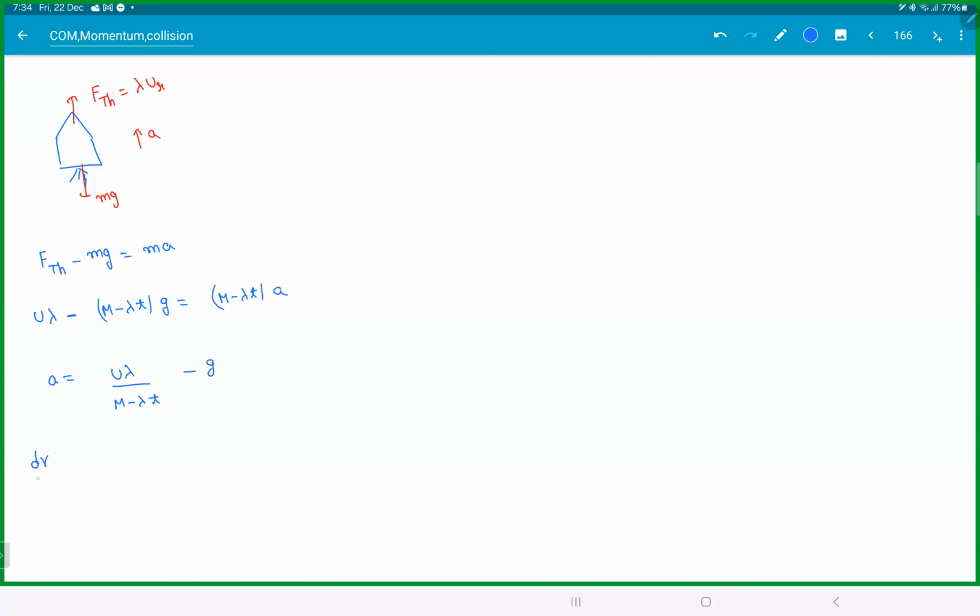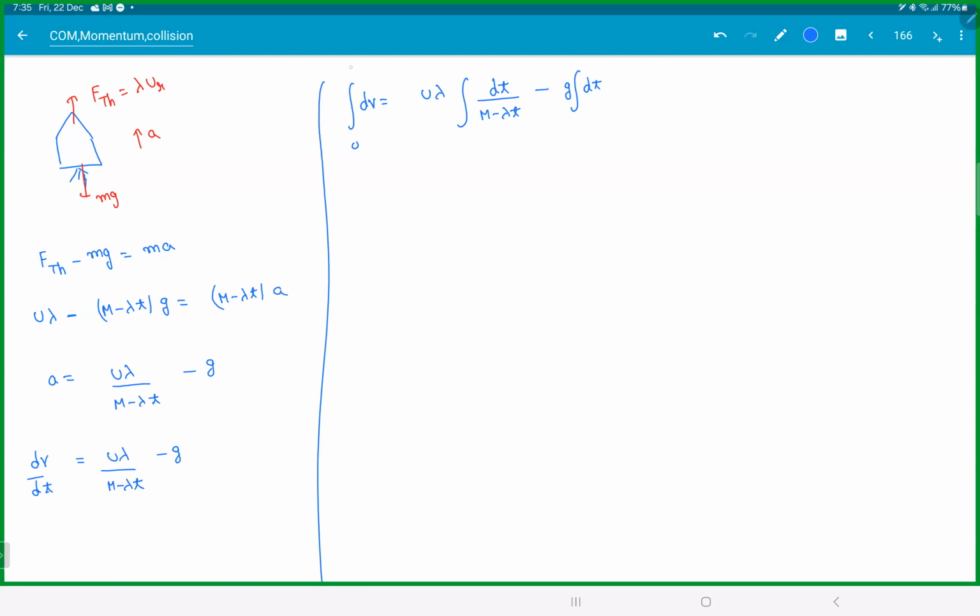A is dv by dt. So dv will be u lambda integral dt by (m minus lambda t) minus g dt.